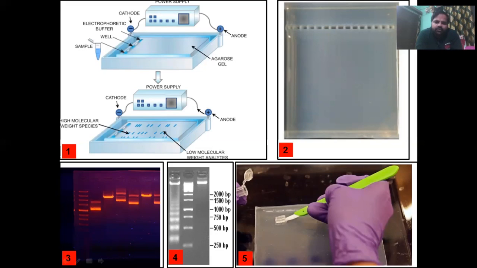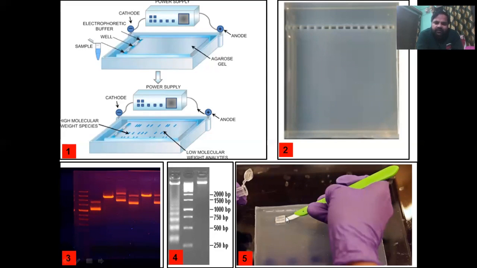Then what we need to do, we need to cut that particular site. Suppose this is my digested DNA, and I know on the basis of this fragment that this band contains my desired DNA fragment. Then what I will do, I will cut this agarose gel.